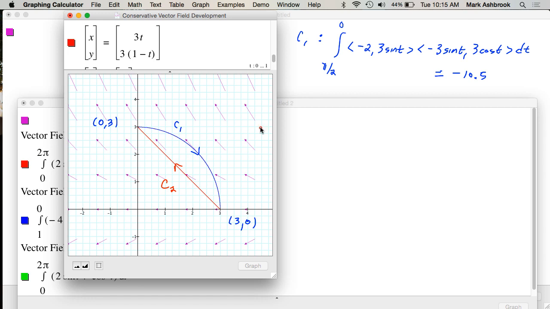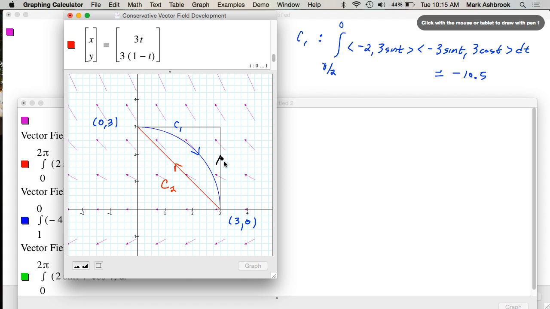So, how about this? Here's C3. Up there and over there. That's C3. Find the work done from 3, 0 to 0, 3 along C3. Who's done? How much is it? Positive 10.5. Okay?